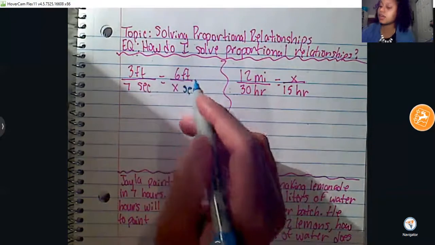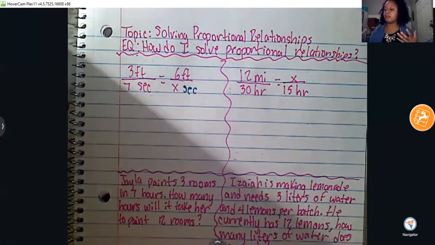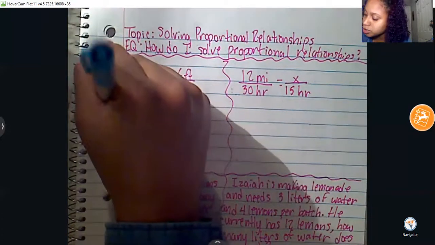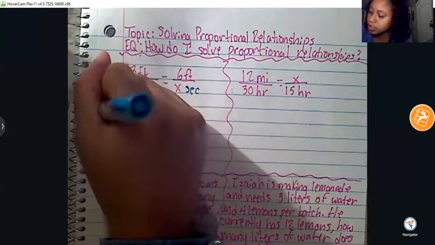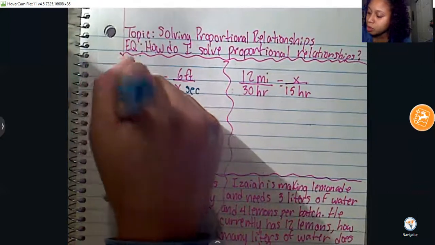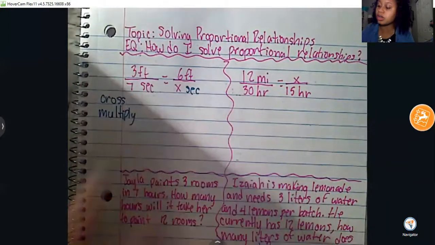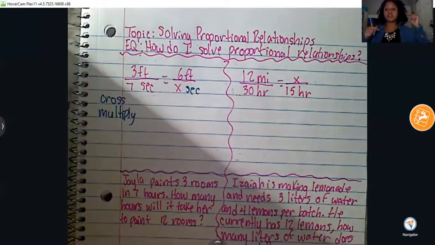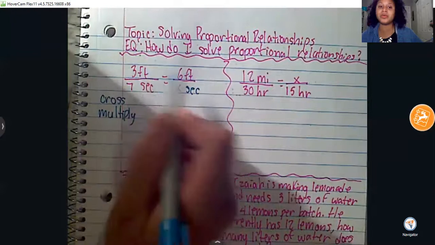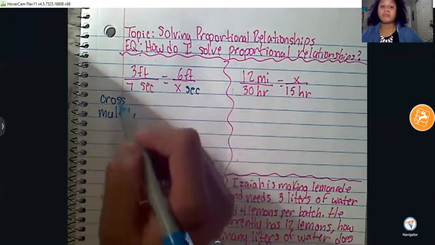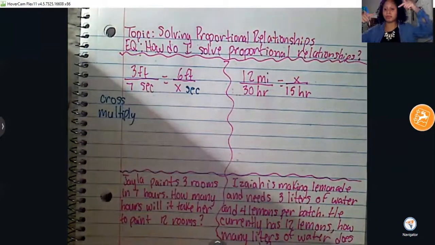So to solve our proportion, the method that we use is called cross multiplication. Don't confuse cross multiplication with multiply across, because when you multiply across, you're just multiplying numerator by numerator, denominator by denominator. Cross multiplication is where you're multiplying so that they make a cross.